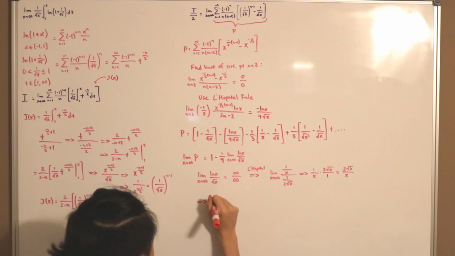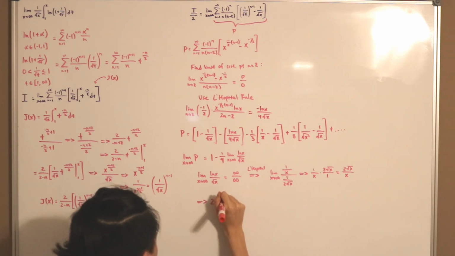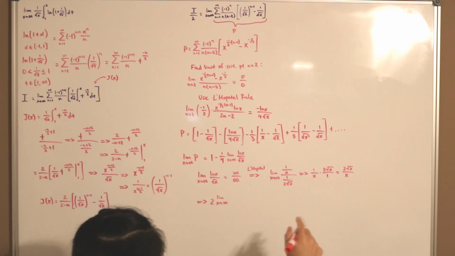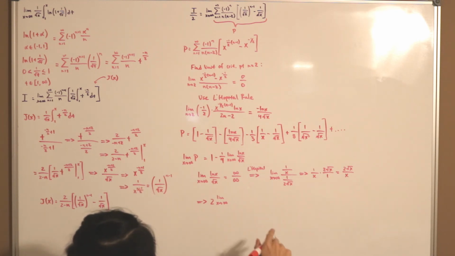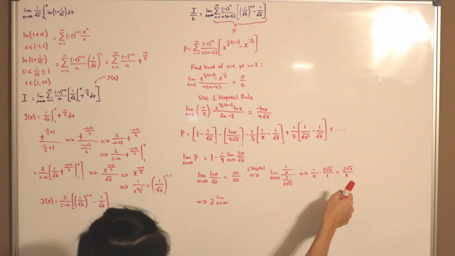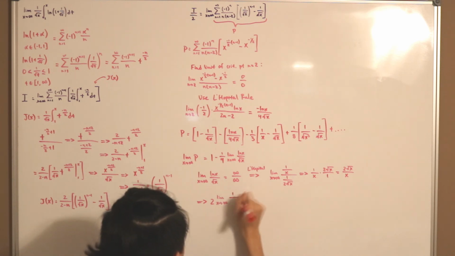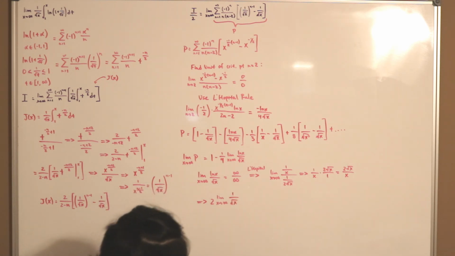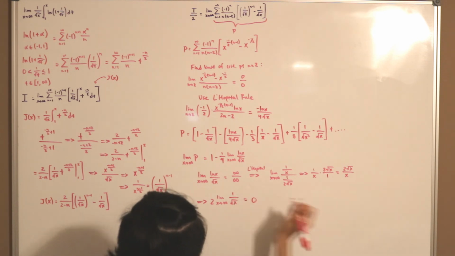I'm going to factor out the 2, so it's 2 times the limit as x approaches infinity of square root of x, which is x to the 1/2, then minus 1, so it's 1 divided by the square root of x. So when x approaches infinity, this is just equal to 0.